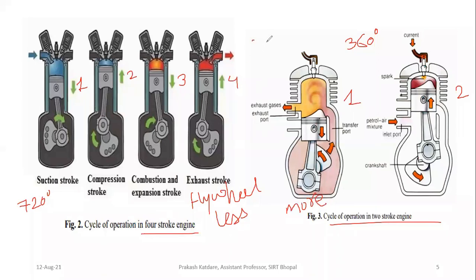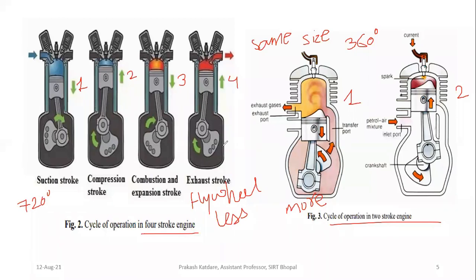If both these engines are of the same size, the power produced by a 4-stroke engine is less as compared to 2-stroke engine. Why? Because in case of 4-stroke, for 2 revolutions you are getting 1 power stroke. But in case of 2-stroke, for each revolution of crankshaft, you are getting a power stroke.